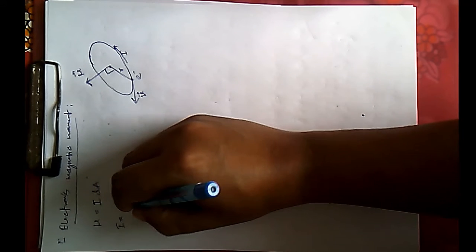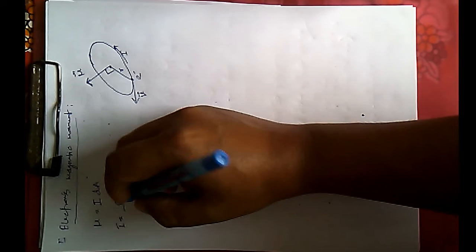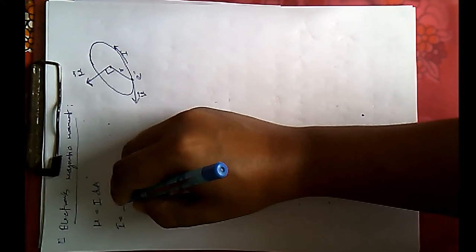So I will write the expression, you will understand. Suppose ev is something in charge, and 2 pi r is the perimeter.